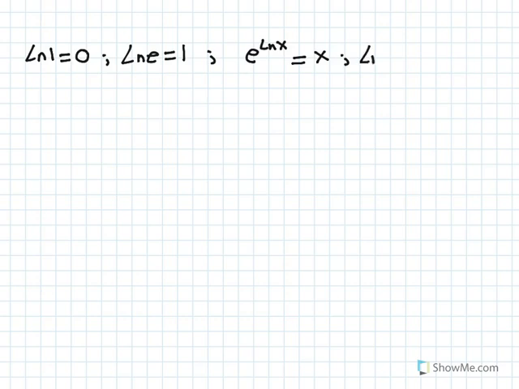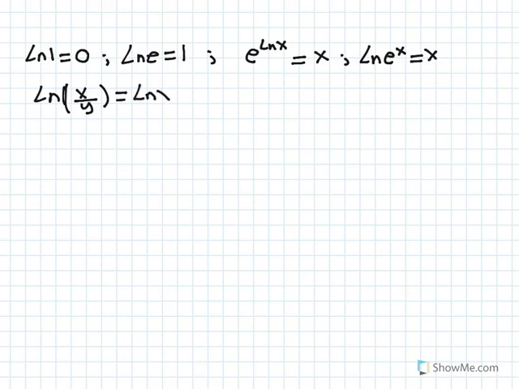Now let's do a little bit of basic skills review, because you're going to need these when you do questions like this. Log of 1 is equal to 0. Log of e is equal to 1. e to the ln x is equal to x, because e to the x and log x are inverse functions, they cancel out. And also log of e to the x is equal to x. Log of x over y, if you divide, you subtract. That's the way to memorize it.